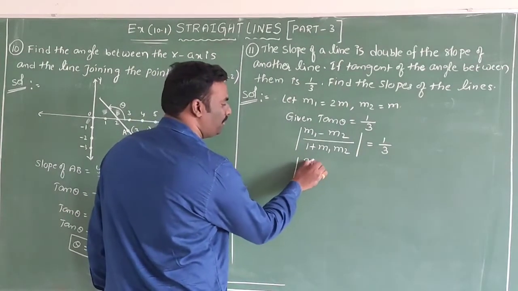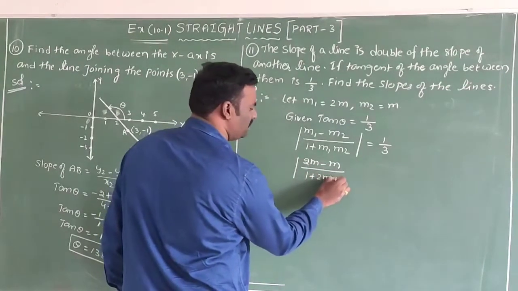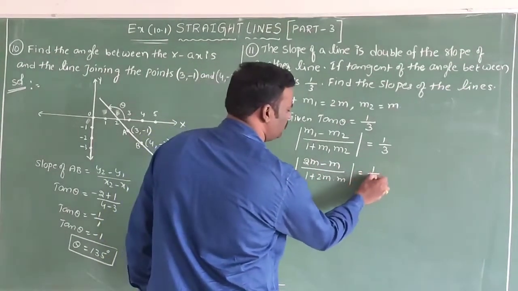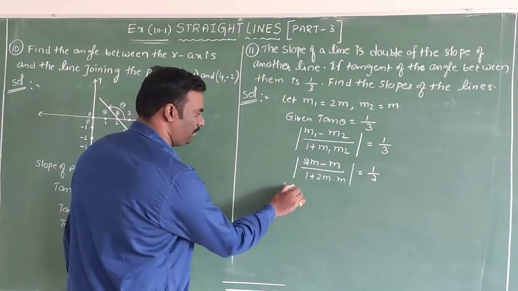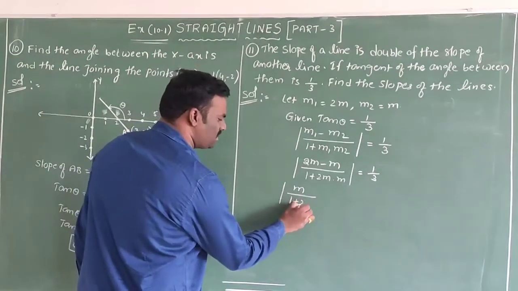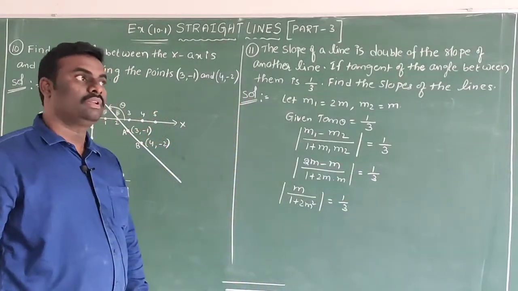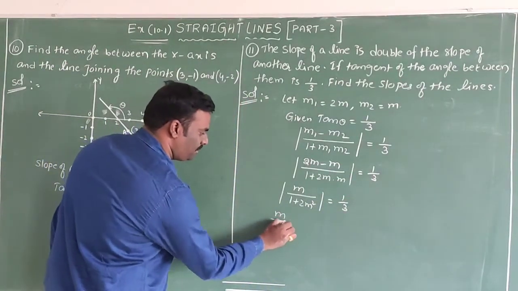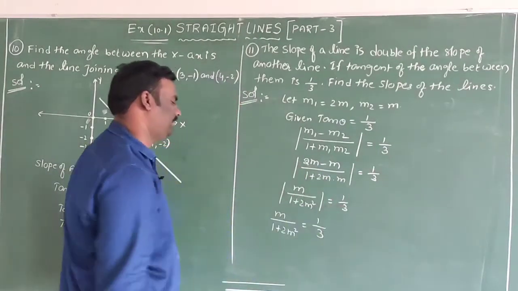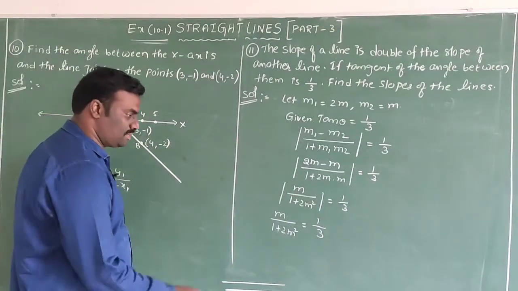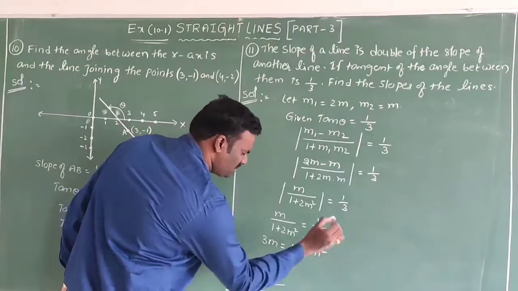Now 2m minus m by 1 plus 2m into m, that equals 1 by 3. Now simplify 2m minus m, that is nothing but m by 1 plus 2m square is equal to 1 by 3. Now I took cross multiply, 3m is equal to 1 plus 2m square.